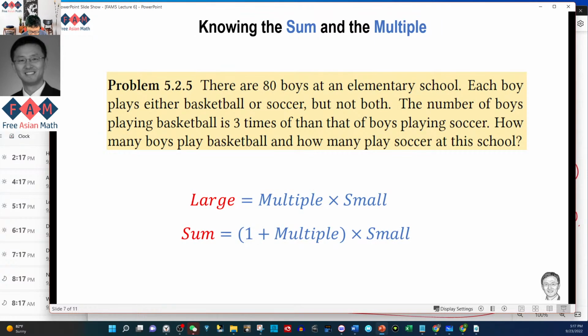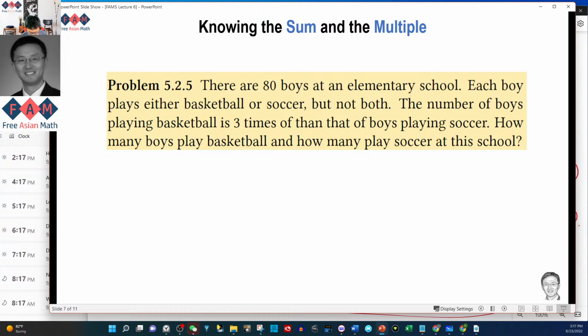And now we see a problem like this, okay? So let's just say there are 80 boys at the elementary school. At that school, each boy will either play basketball or play soccer, one of the two, but not both.